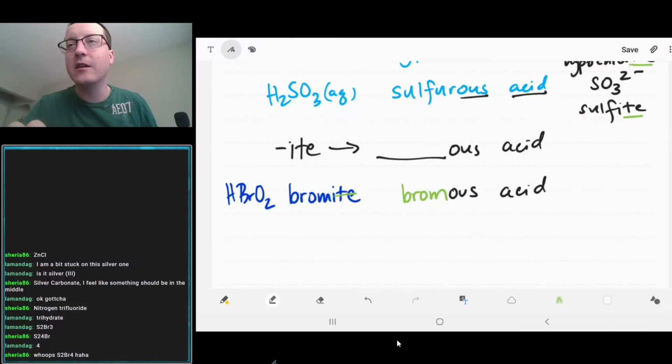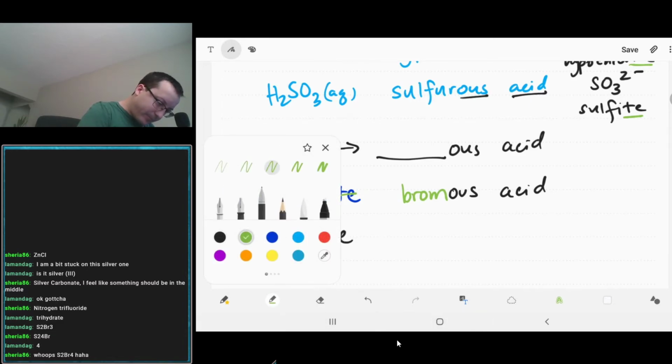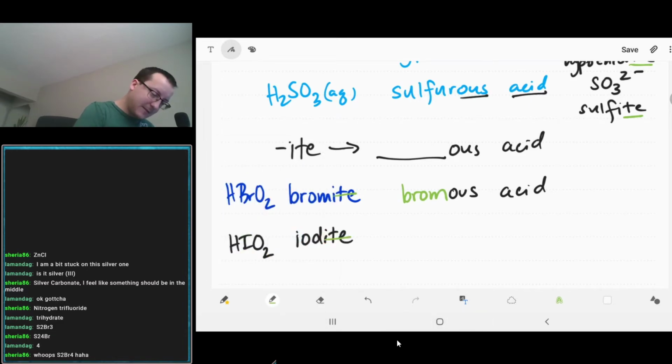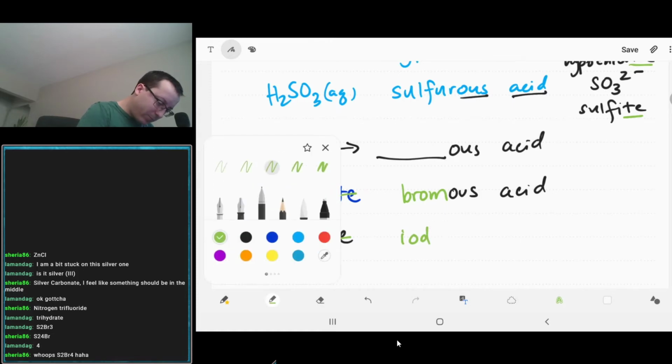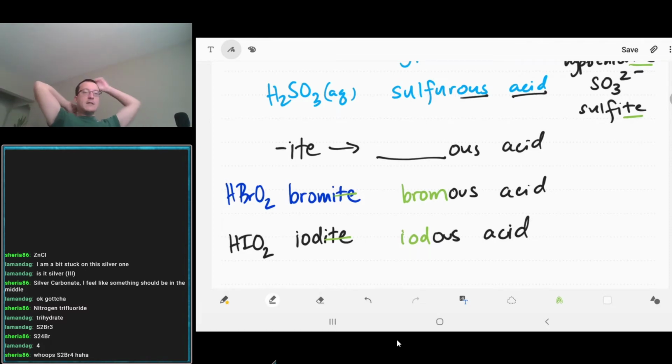Yeah, iodite would be the same idea. Okay, we can do that. Same thing, drop the ite, and we get iodous acid.